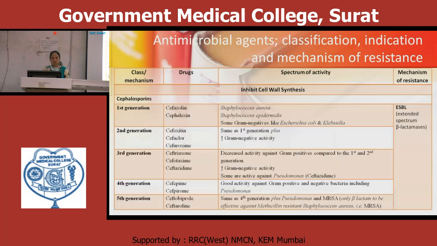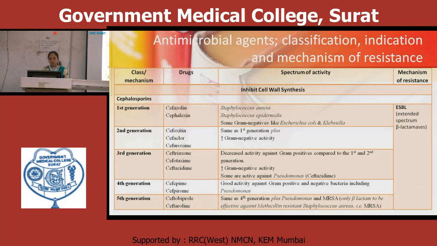Now, cephalosporins, they are the first generation, second generation, third generation, fourth generation and fifth generation. Inhibit cell wall synthesis is the spectrum of activity. First generation, cefazolin, cephalexin. Spectrum of activity against Staphylococcus aureus, Staphylococcus epidermidis, some gram-negatives like Escherichia coli and Klebsiella.